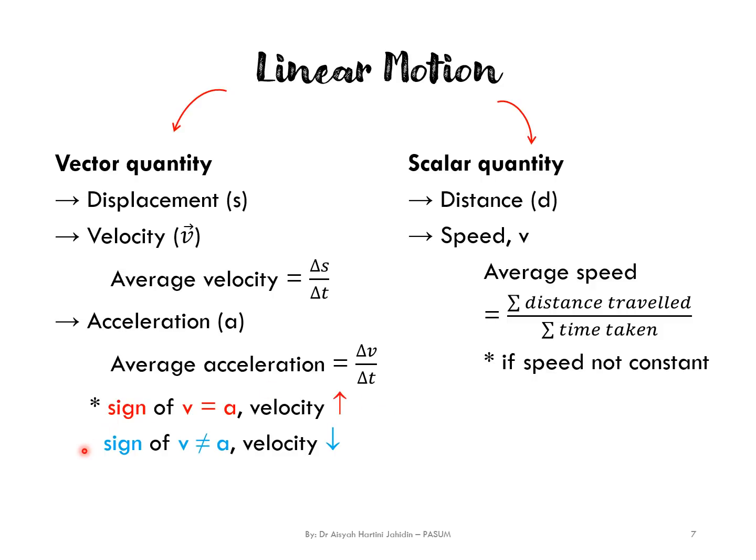If the sign of velocity is not equal to the acceleration, which means the direction of velocity is opposite to the acceleration, the object is decelerating, or slowing down. For a scalar quantity, the parameter only has magnitude.